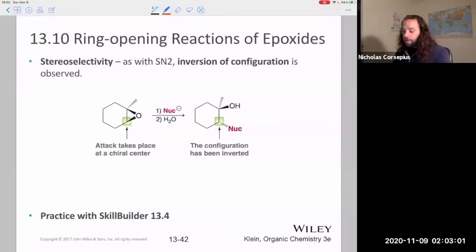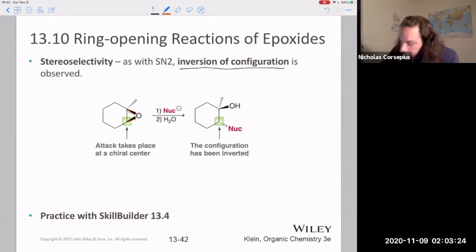Not only that, but there's stereoselectivity because it's an SN2. Remember, SN2 reactions are characterized by an inversion in the stereochemistry. The nucleophile has to attack from the backside and is then inverting the stereochemistry, right? So here, notice that my epoxide is pointing out of the page.